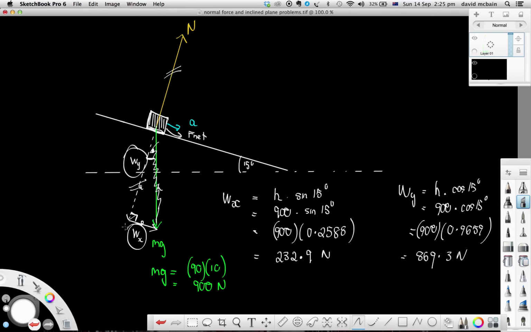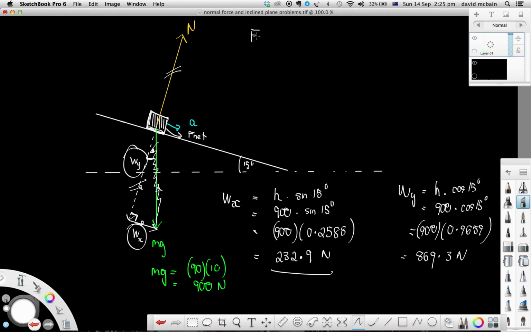So it's this Wx force that is going to accelerate the person down the ramp. So Wx is the net force, which is 232.9 newtons.